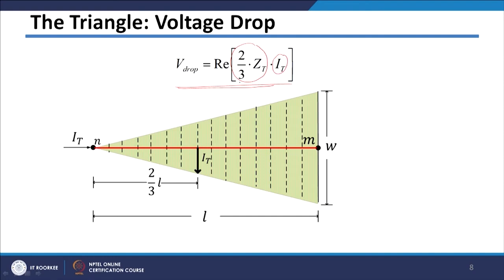This tells me that at 2/3 distance I need to lump the total current. That is why at the 2/3 distance I lump the total current, and this will give me the correct voltage drop. And as we have seen, these different load currents can be lumped at different locations like in earlier cases.